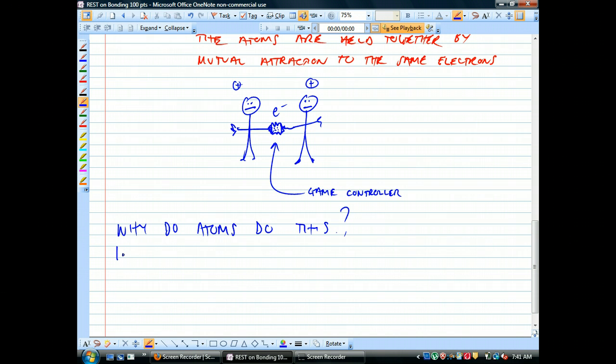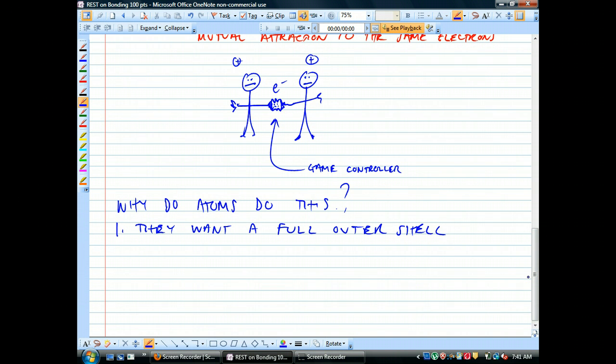Yes? They want a full outer shell. Okay, so let's write that down. They want a full outer shell. That's good.